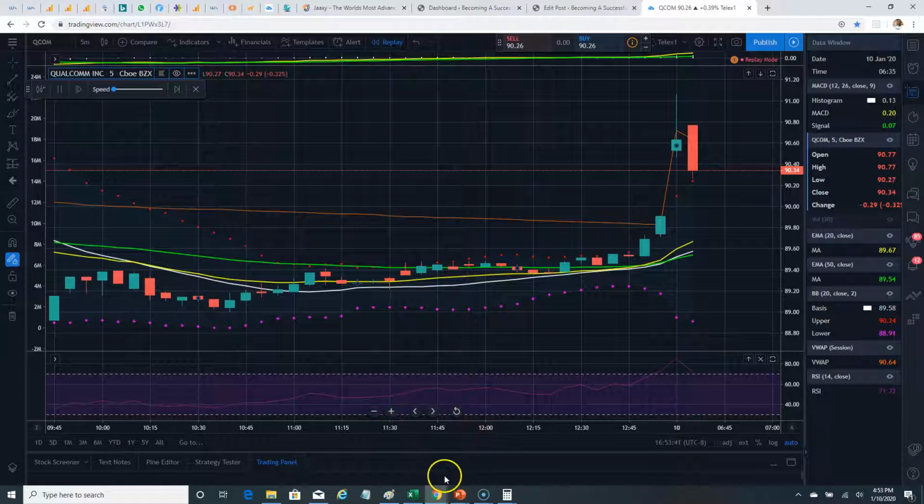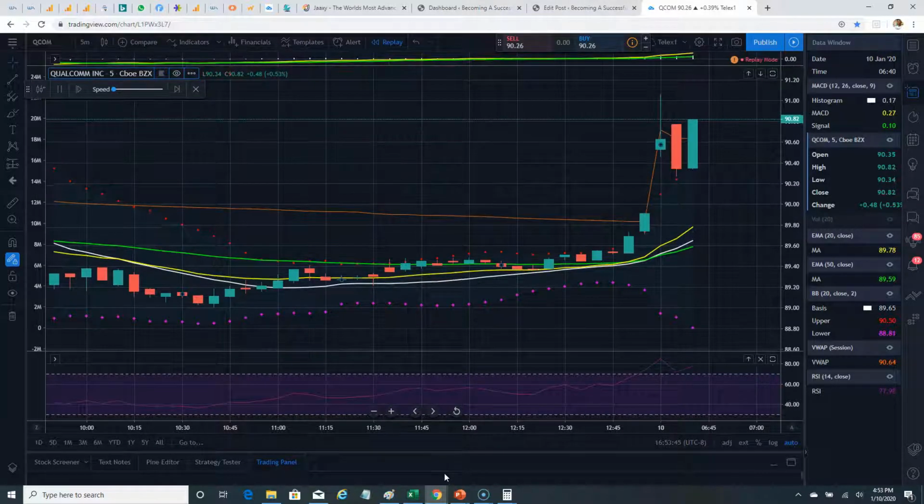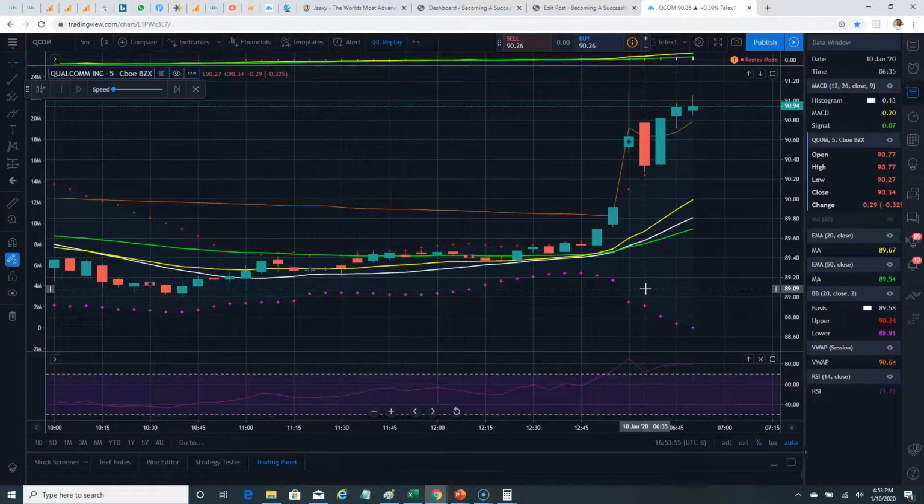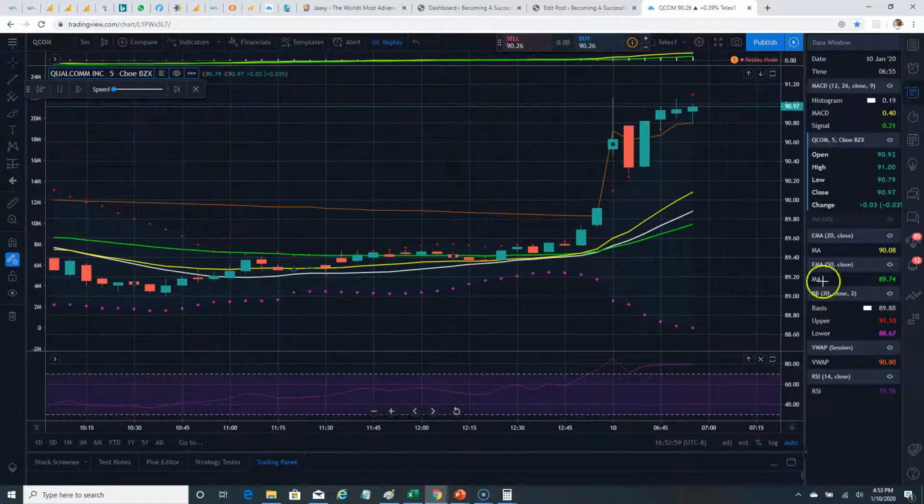Qualcomm opened at about 90.60, meaning it gapped up, just like the rest of the market. And it posted a high of the day. The first high of the day was at 91.06, actually.